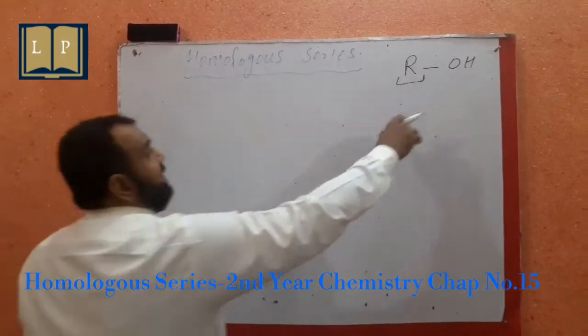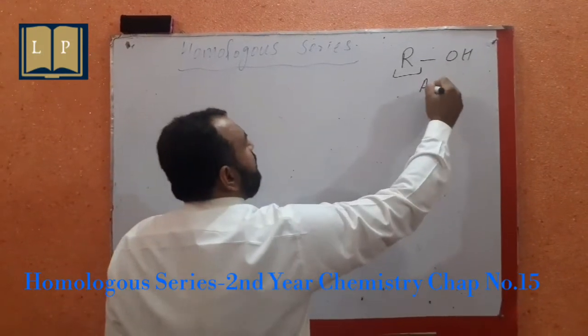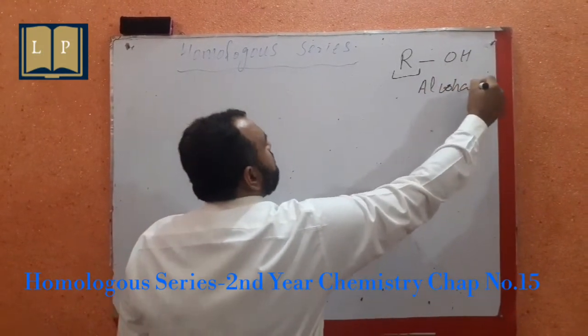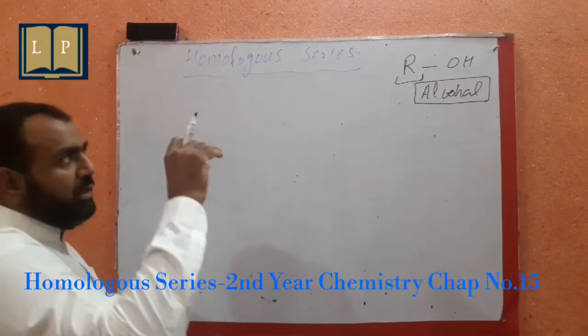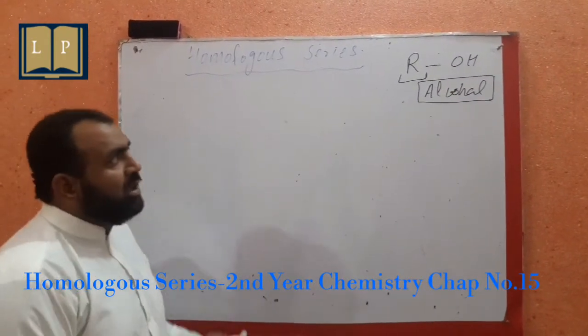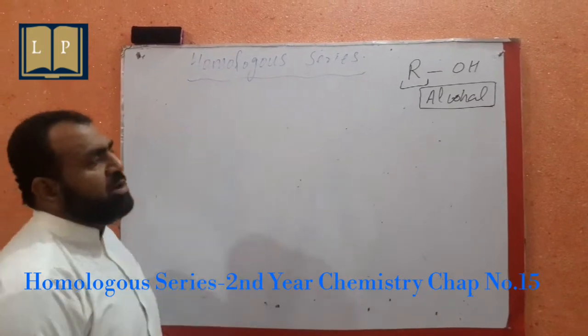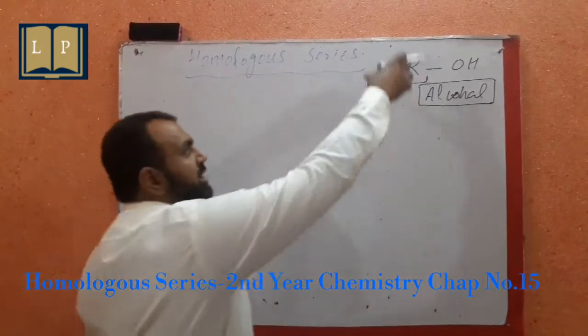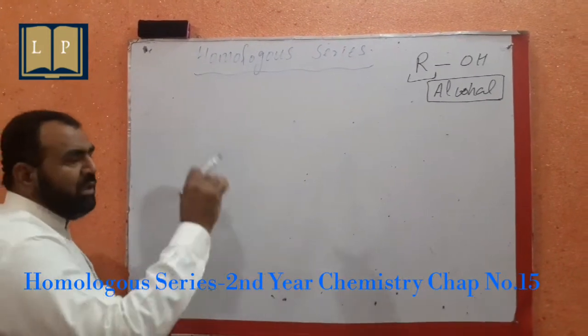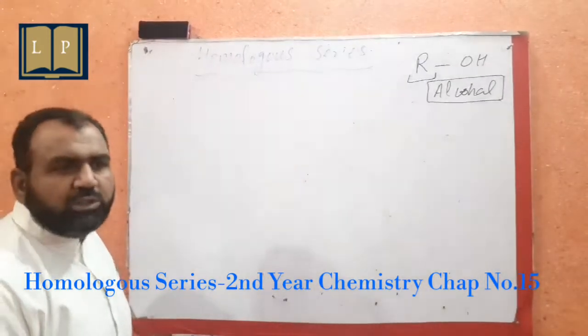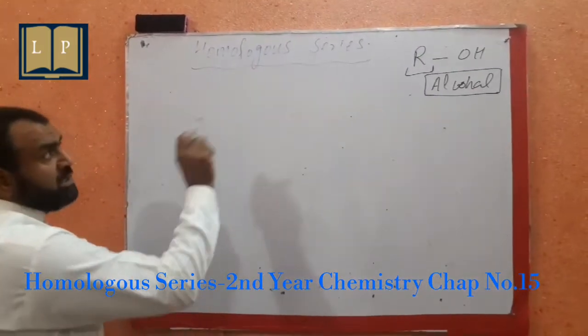When we talk about the class of alcohols, all the hydroxyl group containing compounds which have a varied number of carbon atoms have been listed in this alcohols family, and they all have a similar OH group in them. The variation is in the R group.